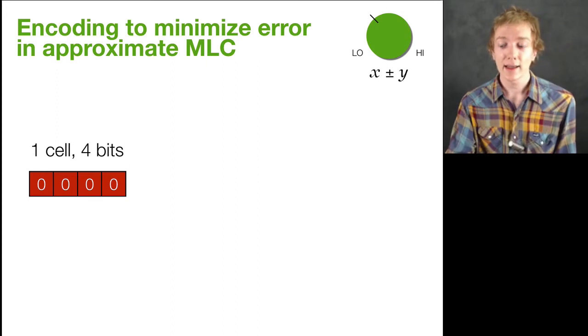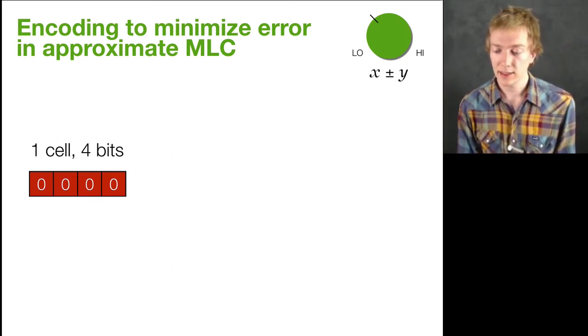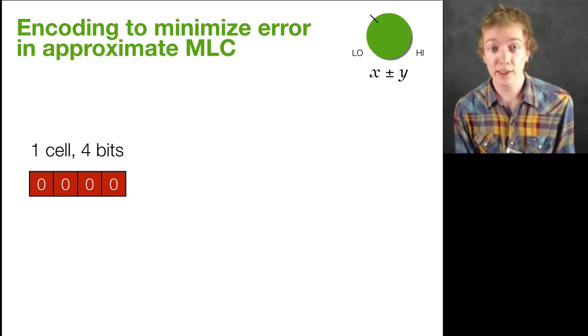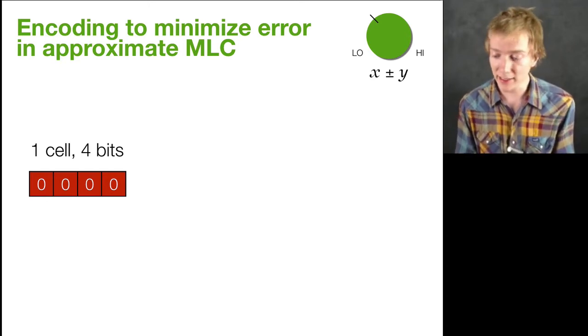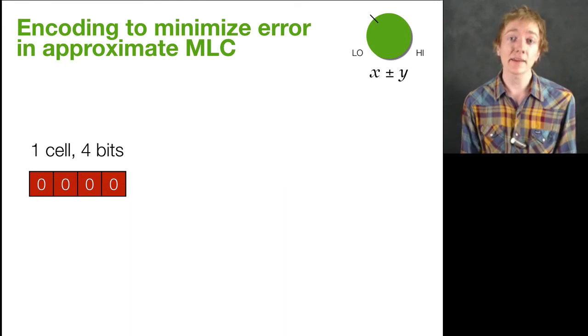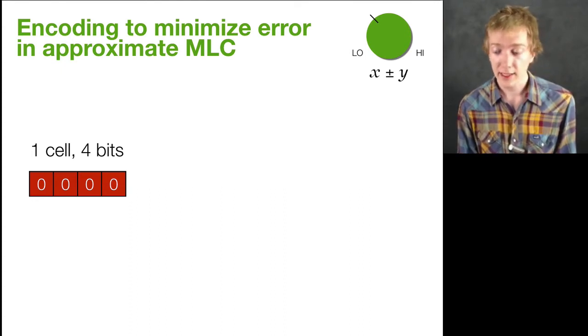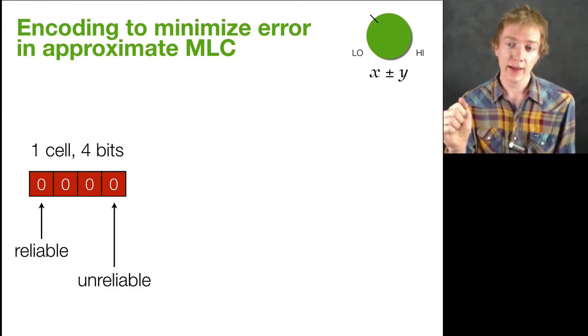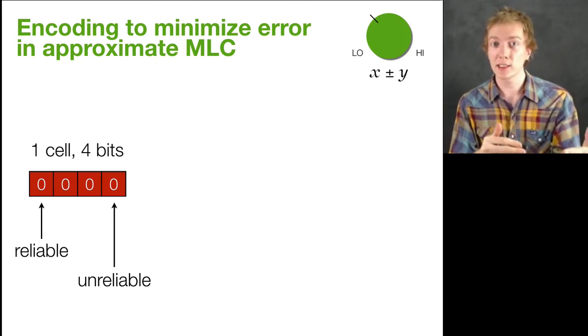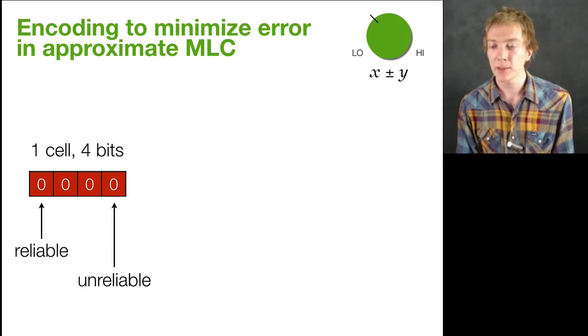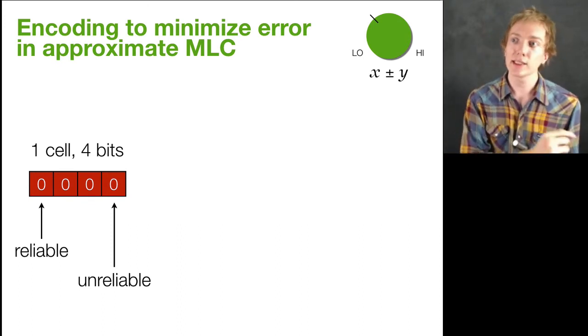So on this slide, I'm showing a 4-bit cell, and if you're storing 4-bit words in these 4-bit cells, if for some reason you really like 4-bit words, then this has exactly the error characteristics that you want. That is, the low bits have relatively likely error because nearby levels are likely to be confused for each other in the approximate MLC, and high bits have relatively infrequent errors.